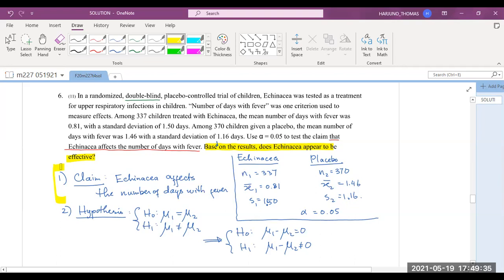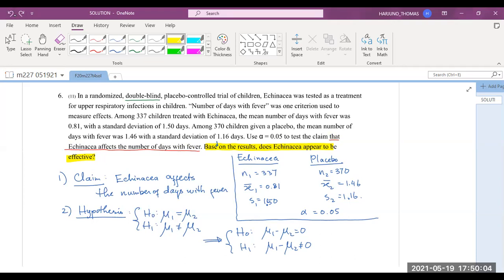If your claim is the first one, then it has to be two-tailed. But if your claim is that echinacea appears to be effective, then the hypothesis will be one-tailed. You see what I mean? So it depends on what you say in your claim.